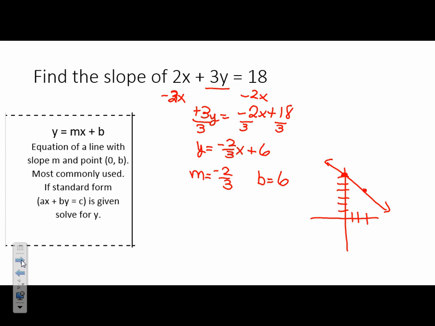But here's a hint for numbers 11 and 12. Do you have another place on your foldable that talks about equations? Slope, y-intercept, what's below it? Point slope, okay? What does the point slope formula say?